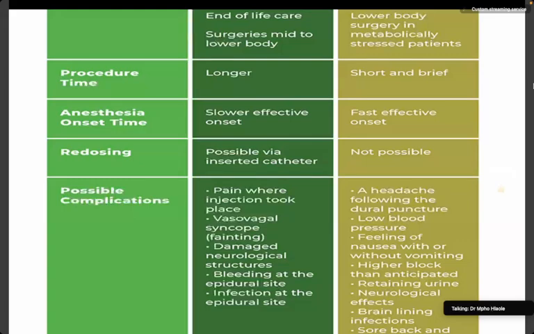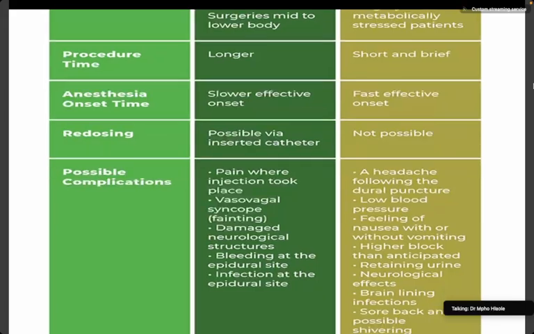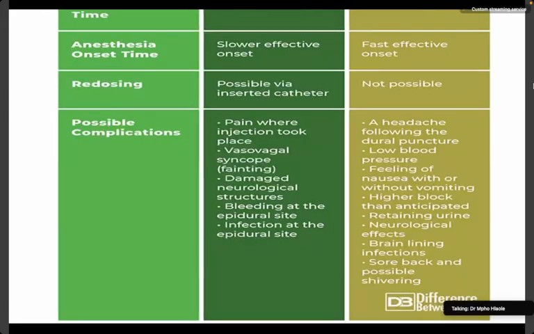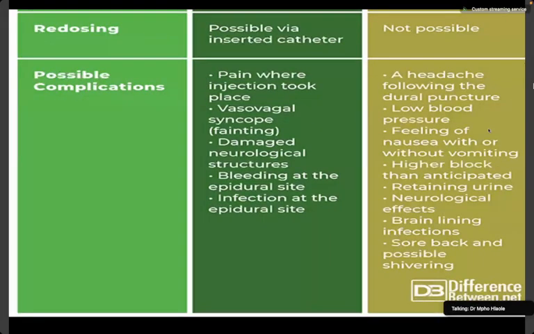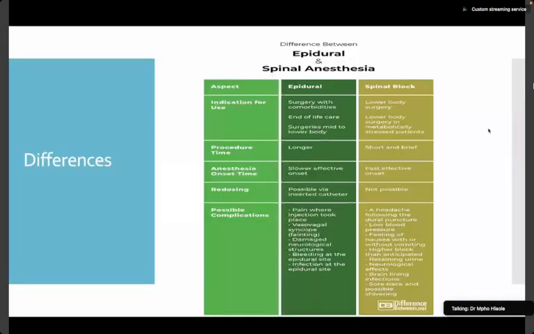And then with epidural, you can redose because you have an inserted catheter, but with the spinal, you can't redose the patient. And the possible complications, we already spoke about them. I think we all know the possible complications of epidural and spinal anesthesia. Okay.